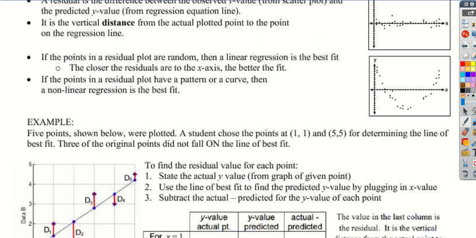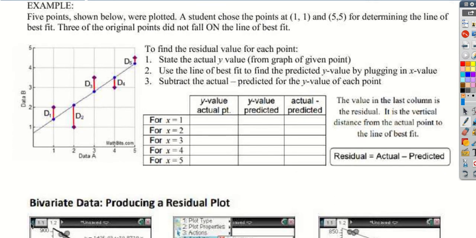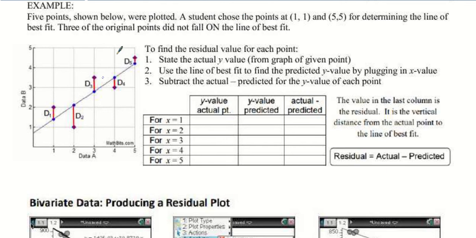All right, so our first example here, the 5 points below are on the graph here. So D1, D2, D3, D4, D5. A student chose points at 1, 1 and 1, 5 to determine the best fit. They did not fall on the line, and here we go. So you can see the actual linear regression is right here.